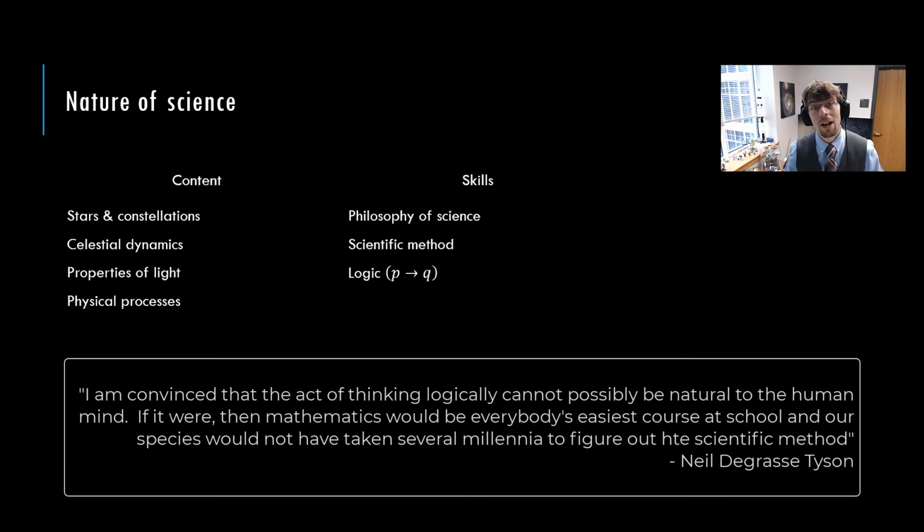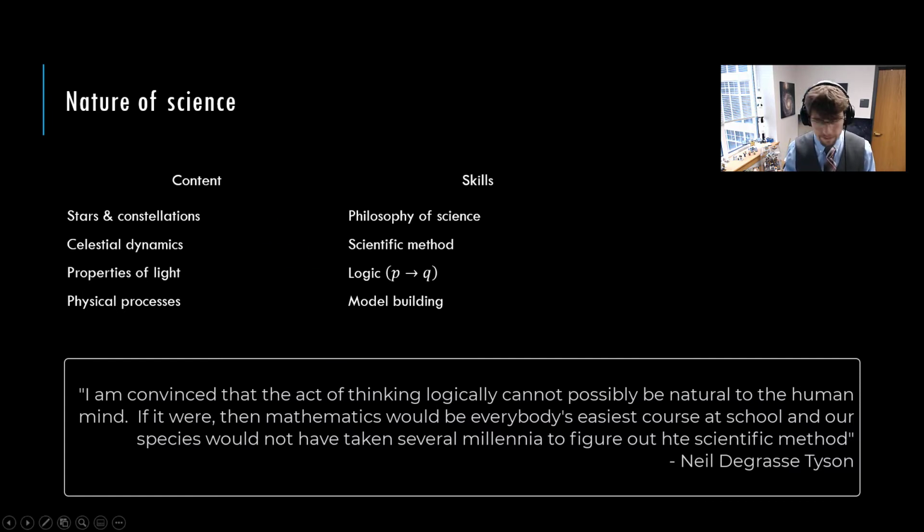And if you've had a logic and reasoning class, that would be P, if P, then Q. That's the setup that a philosophy or a logic class would do. Or, for example, how do we actually build models? Those are skills that I'm hoping that you see as we go through the content.